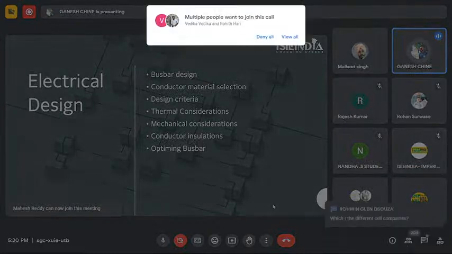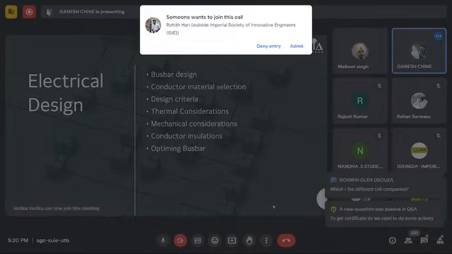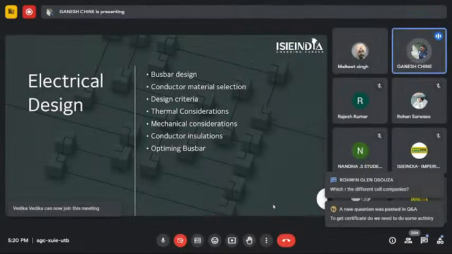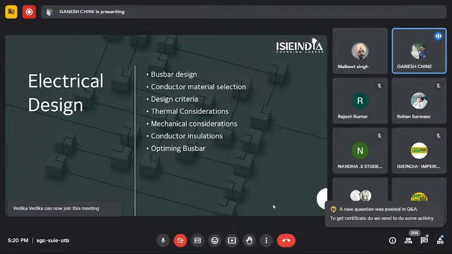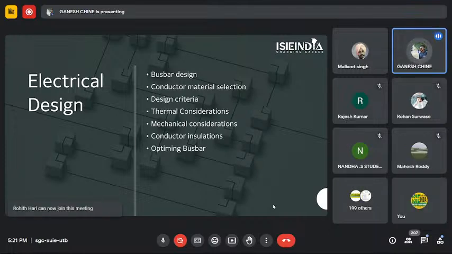According to the application, firstly we get the number of cells we require for achieving that particular voltage and particular capacity. From that calculation, we can calculate the number of cells, and then we proceed to the design of the bus bar and the next process.